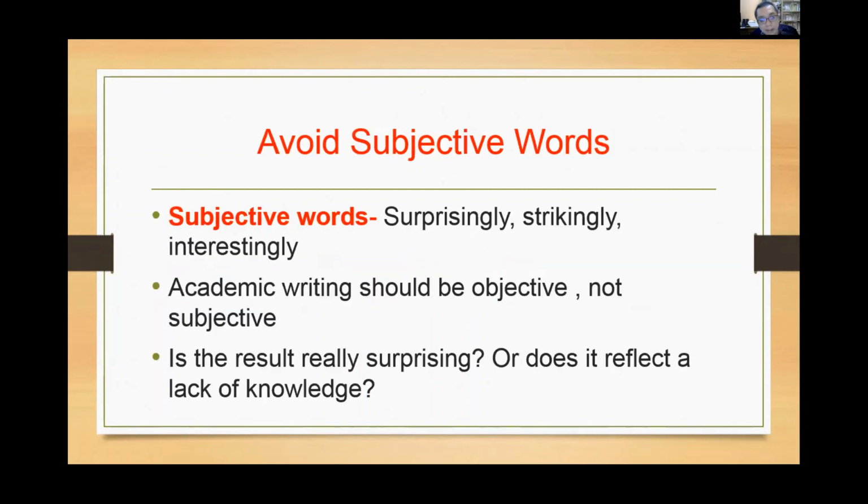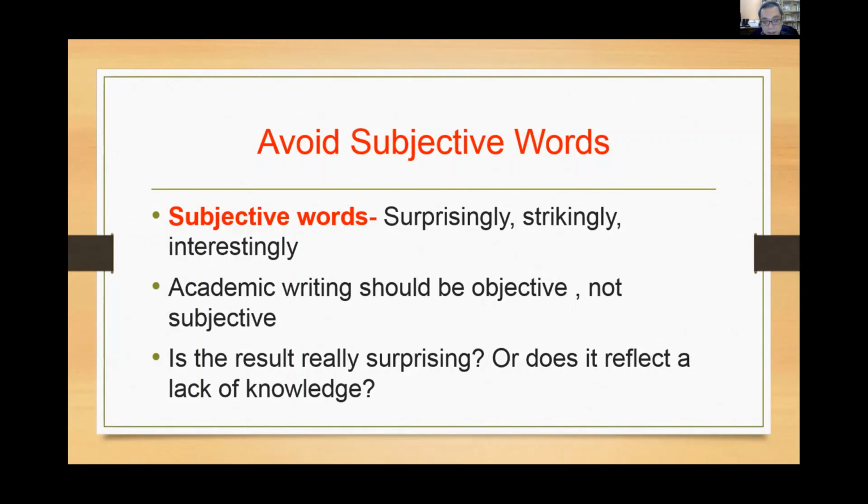What kind of words are considered subjective? Subjective words such as surprisingly, strikingly, interestingly. Academic writers should be objective, not subjective. You don't say, oh, surprisingly. Maybe you think it's surprising because it's the first time you found the result that way, but others might not feel the same as you. Your reader might not feel it's as surprising as you do.